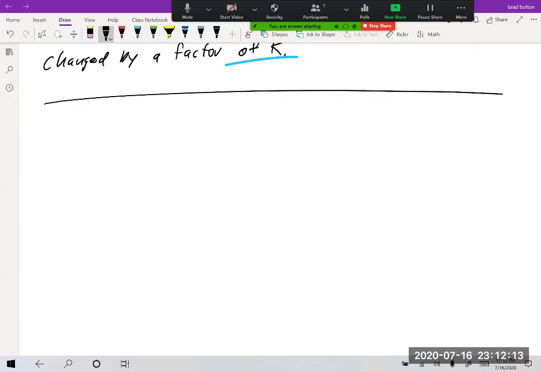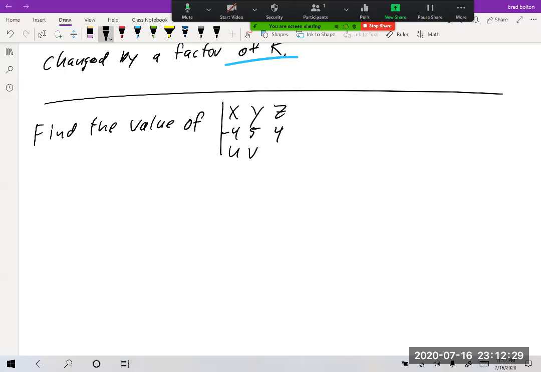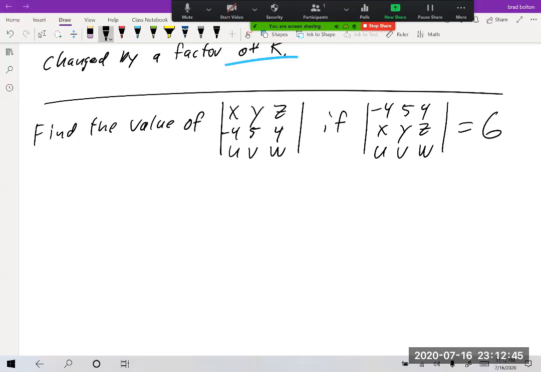Based on one of these, find the value of the determinant with rows x, y, z; negative 4, 5, 4; u, v, w, if you know that this determinant, with rows negative 4, 5, 4; x, y, z; u, v, w, equals 6.